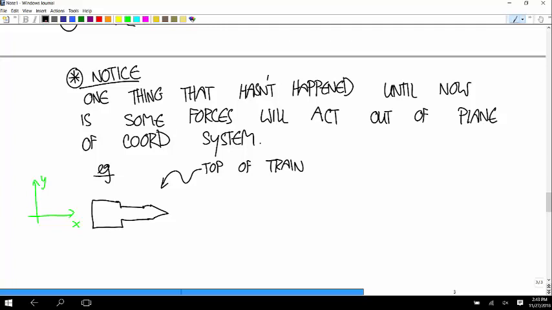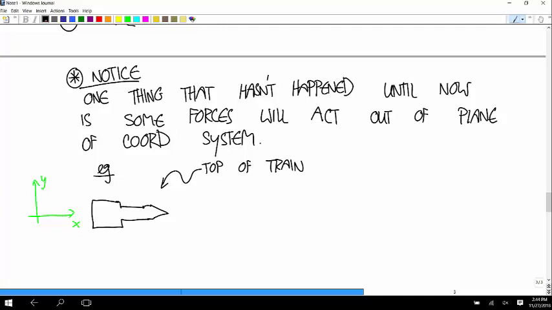Oh, like the figure, the way you draw it, you mean? Yeah. Okay, so I'll talk about that. And then there's a second force acting on it that doesn't appear in the plane of the coordinate system.